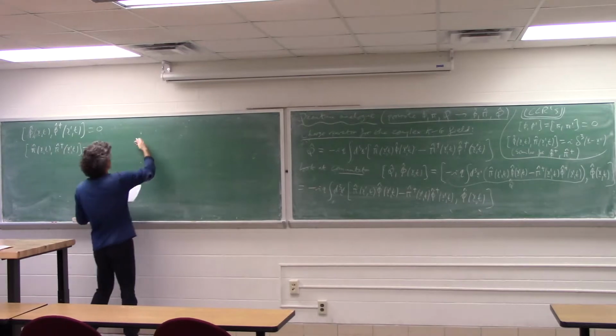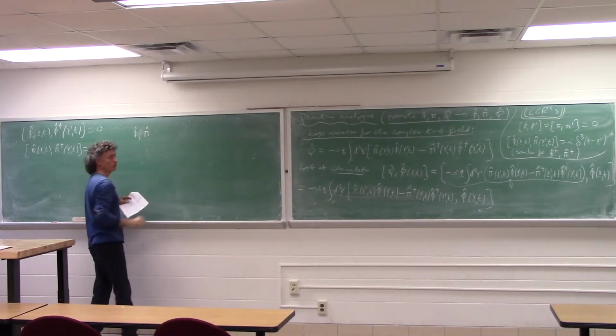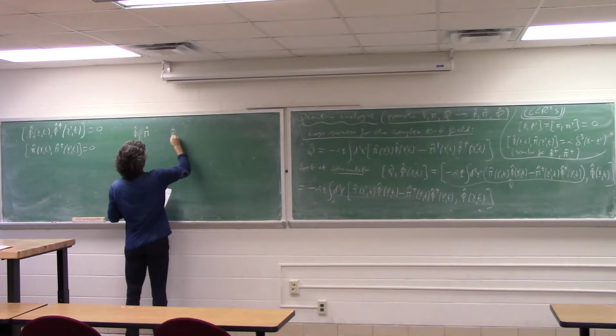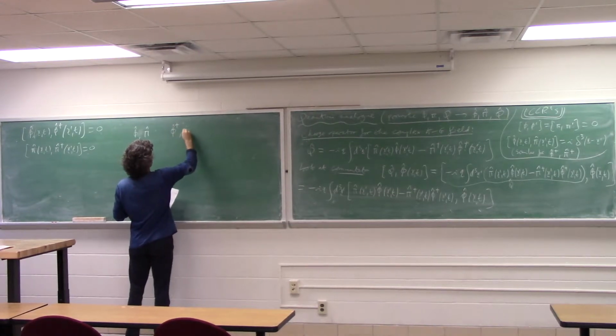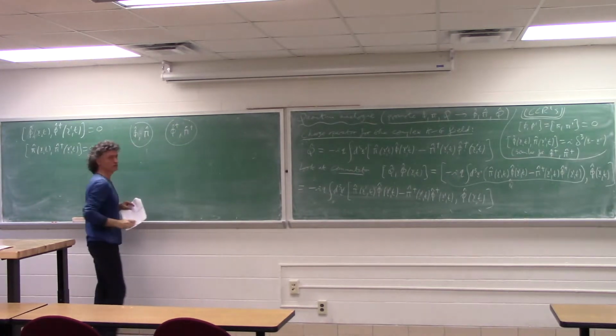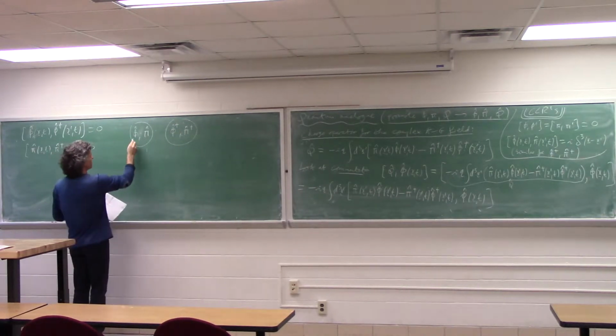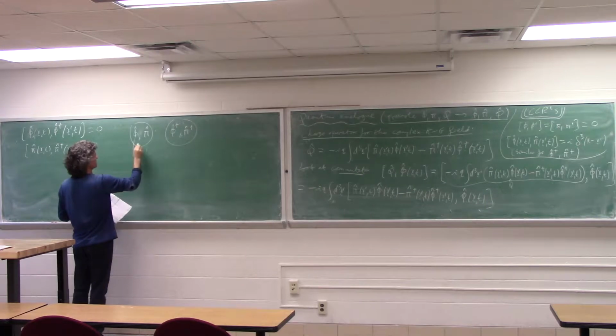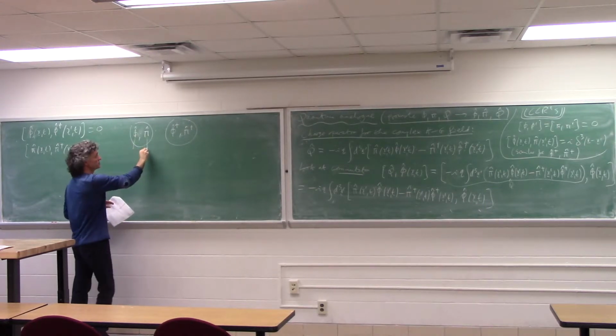So in other words, you've got these two independent fields. You've got phi with its canonical momentum, and phi hat dagger with its canonical momentum. The phi's commute among themselves. The pi's commute among themselves.